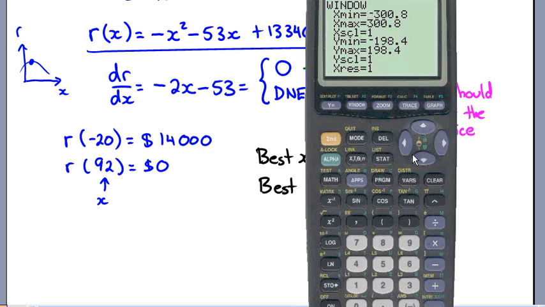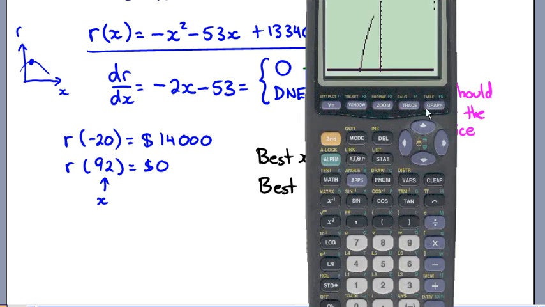So let me just start manually changing these things here now. I'm going to change my Y min and Y max. I want to go all the way up to, let's say, $15,000. Tick marks every 1,000. See if this looks any better. Okay, so there's my parabola. The x-axis is a bit of a mess.